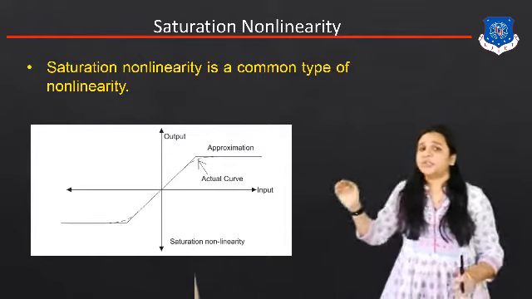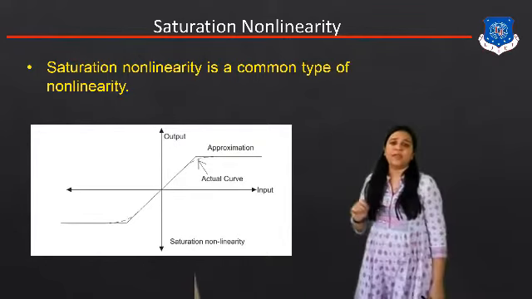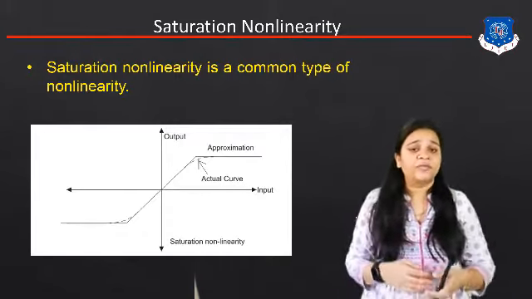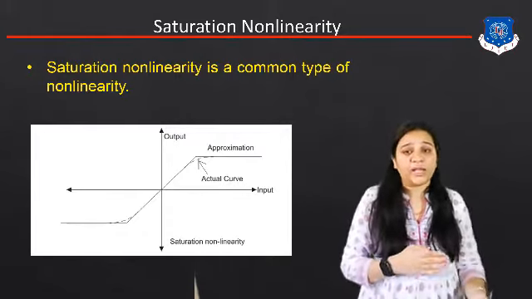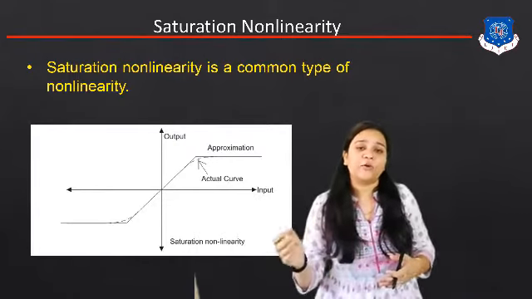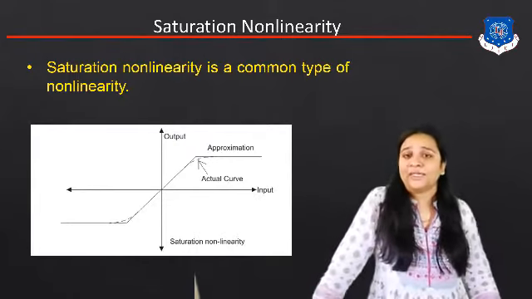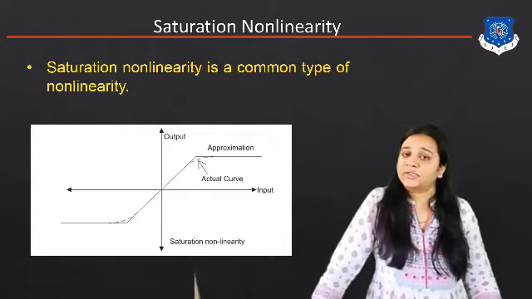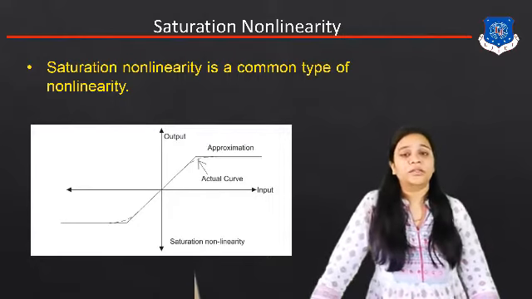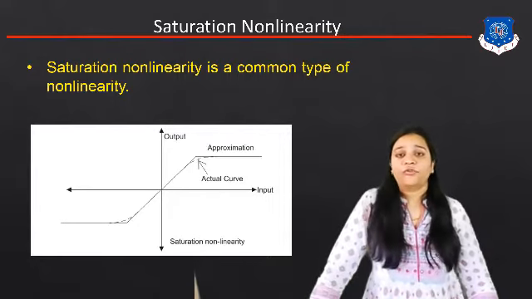The first one is the saturation non-linearity. It is a common type of non-linearity. As we discussed earlier, whenever we increase the value of omega, after some time we get a saturated value for the output. This is the saturation non-linearity graph, drawn as input versus output.